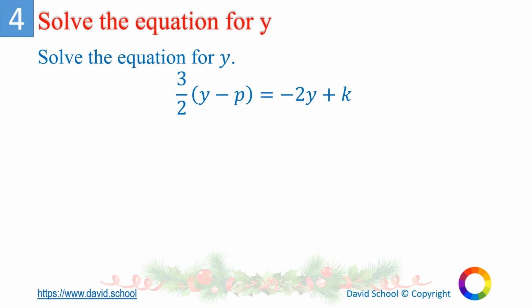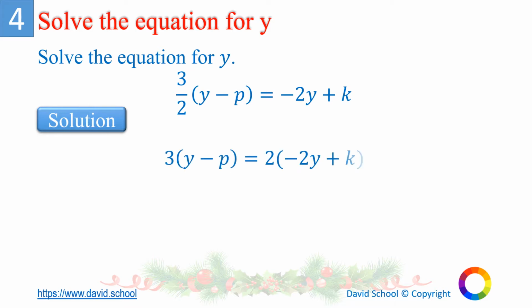Example 4. Solve the equation for y. Here we have 3 by 2 times y minus p equals negative 2y plus k. In order to cancel the denominator 2, multiply both sides by 2. Then we get the right side by 2.